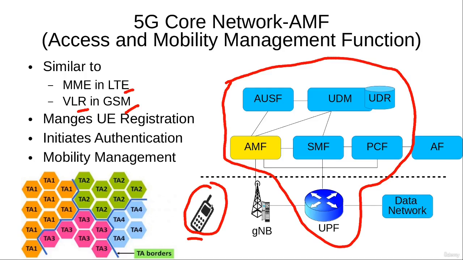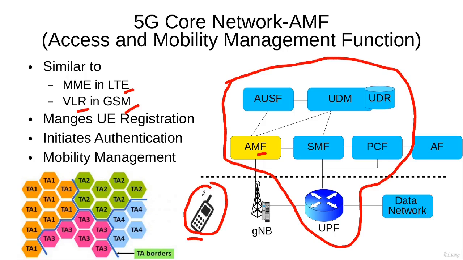So when a mobile or user equipment is in idle mode and it moves from the cells having one tracking area to a cell which has a different tracking area, in that case the tracking area number of this user equipment needs to be updated in the core network, and this update procedure is handled in the core network by the AMF.